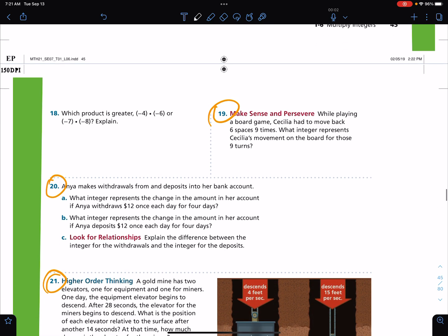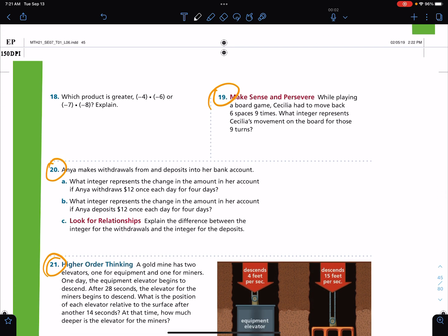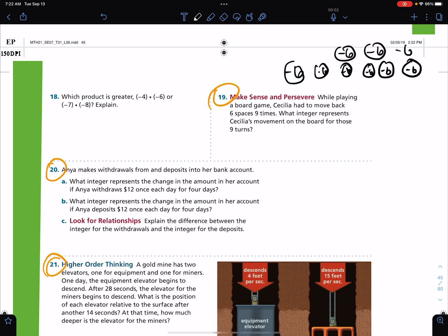Number 19. This one is supposed to be, because it says make sense and persevere, this might be difficult. While playing a board game, Cecilia had to move back 6 spaces 9 times. So we're moving back 9 times. And I'm already recognizing, obviously, this is a multiplication. 9 times. 1, 2, 3, 4, 5, 6, 7, 8, 9.